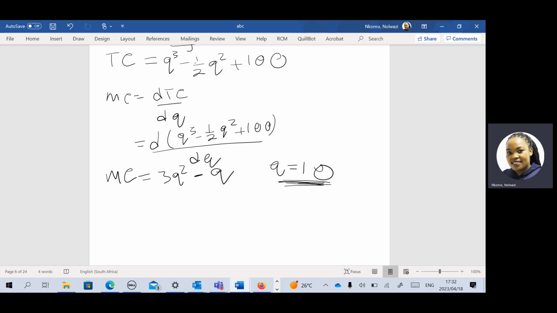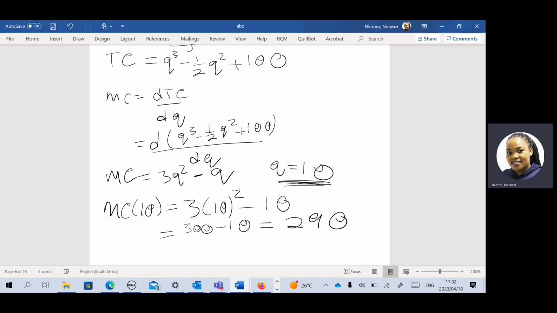You have the marginal cost, you just substitute this 10. So this means we have marginal cost of 10 equal to 3 times 10 squared minus 10, right? And if you punch this in your calculator, you should get 300 minus 10, or you should get 290.